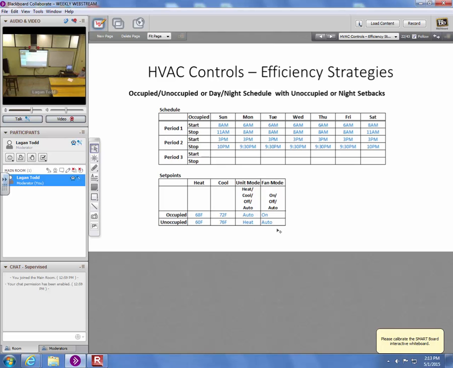A lot of people don't get this, and a lot of thermostats have these two options. It's important to be a little bit smart about this, because if you don't need your fan to run continuously, then save some energy by having a fan cycle. But you need to know when you need to have it run continuously. So in commercial buildings where the code does require continuous ventilation via your air handlers, by code you need to have that fan at on, not auto, unless there's some other means of ventilation.